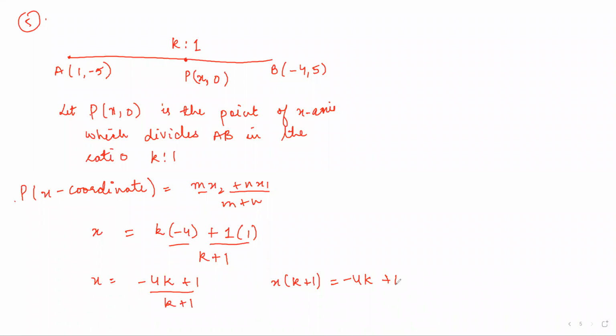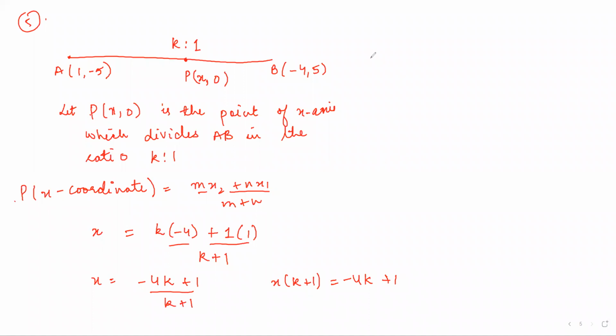Basically, there are two unknowns here. You cannot find the value in numbers. Neither can you find the value of k from here, nor the value of x, because you have done the chapter on linear equations in two variables. If you have two variables, you need two equations to solve them. If you have two variables in one equation, you cannot solve it. Understood? Okay. So leave it here.